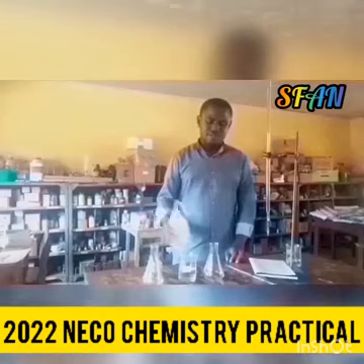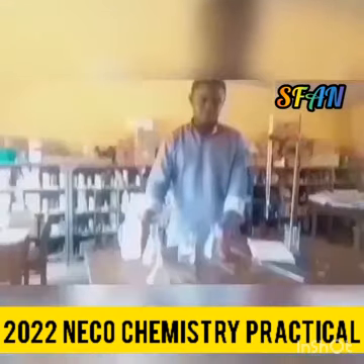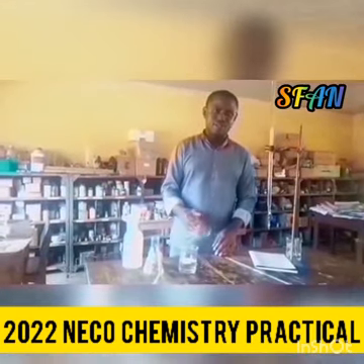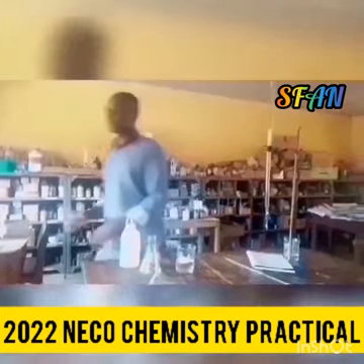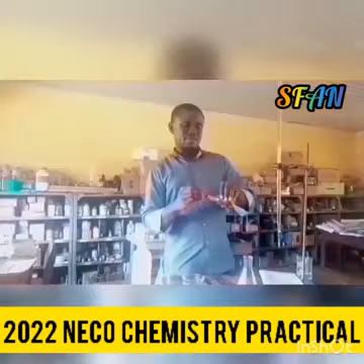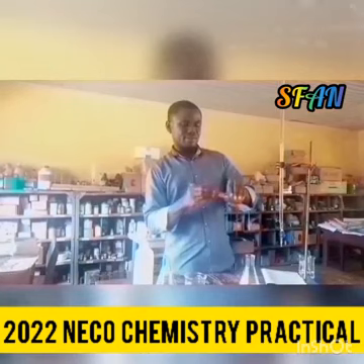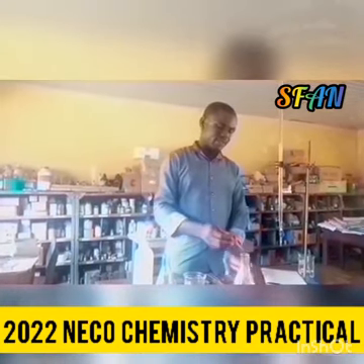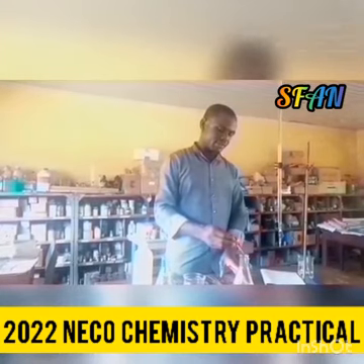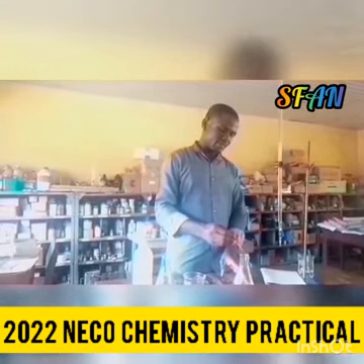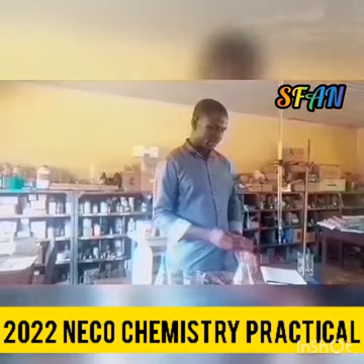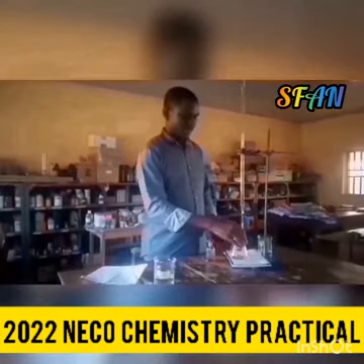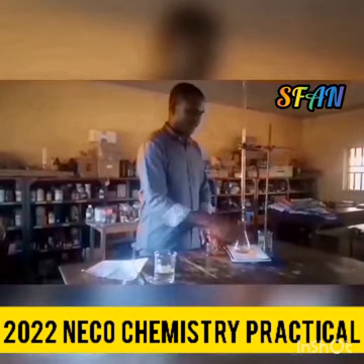So I'll rinse my conical flask with distilled water. Add 2 to 3 drops of methyl orange indicator. So we'll begin our titration.